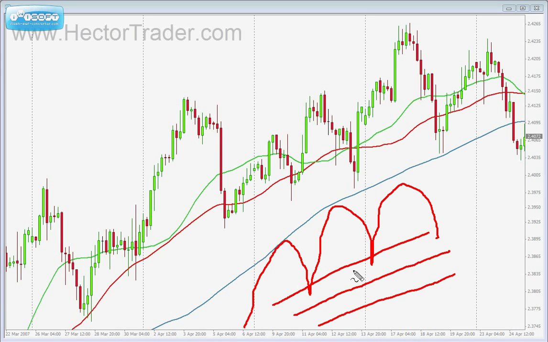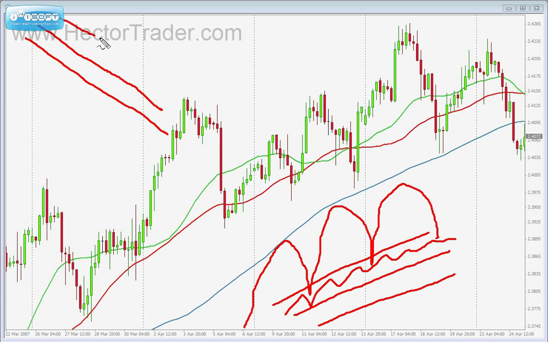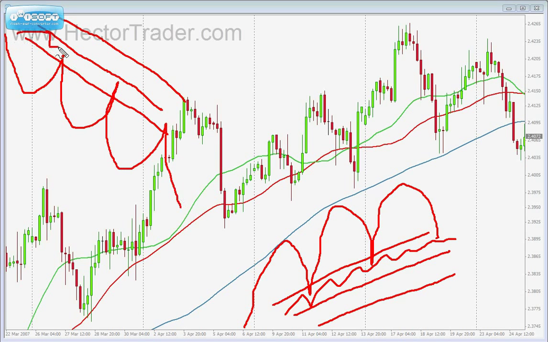Since this is an uptrend, that means the area between the 30 and the 50 is the area of dynamic support. In a downtrend, this being the 30, this being the 50, and this being the 100 simple moving average, I like all the retracements to be held by the dynamic area of resistance, meaning the area between the 30 and the 50 simple moving average.